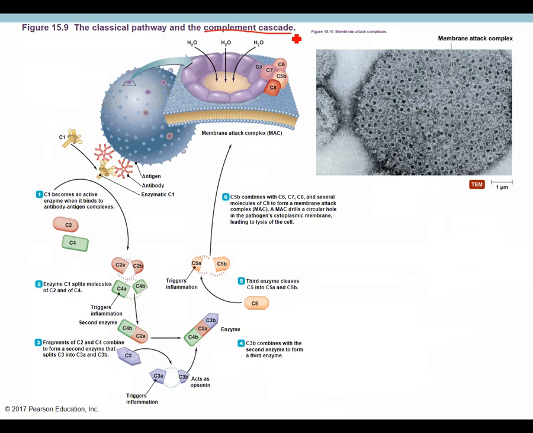But ultimately what it does is it creates protein insertions into the membrane of a foreign cell, and it creates a hole in the foreign cell that we call the membrane attack complex. And anytime you make a hole in a cell, it's going to burst. It's going to pop like punching a hole in a balloon. And so complement is a series of proteins secreted by white blood cells that attack foreign cell membranes.